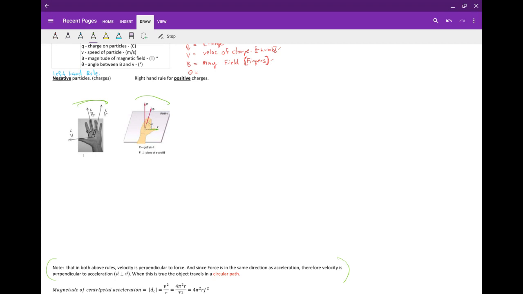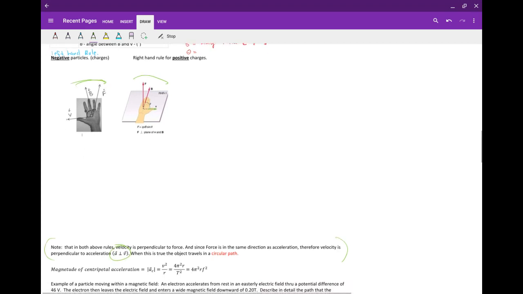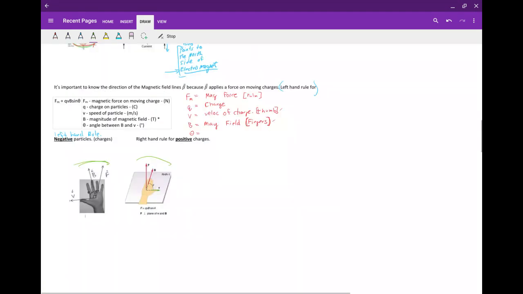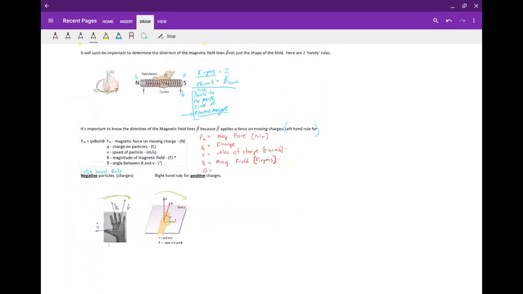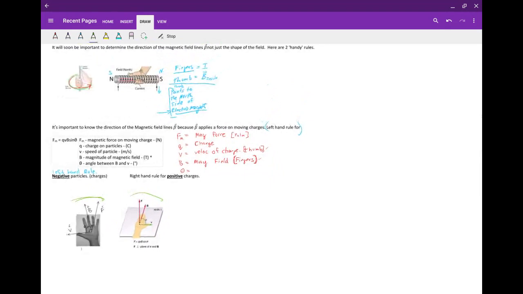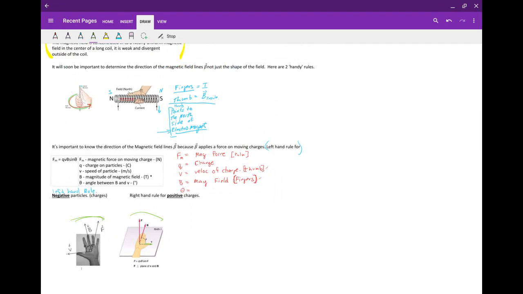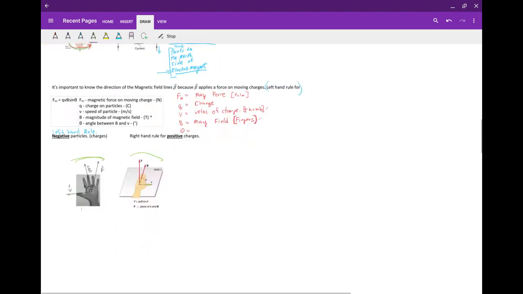And when your velocity is perpendicular to the acceleration, I don't know if you remember, you actually have what's known as centripetal acceleration, and you have a circular path. And so all of these particles that move in these paths end up moving in a circular path.